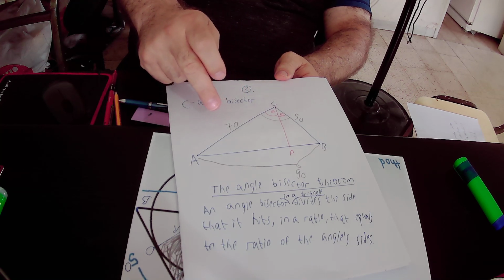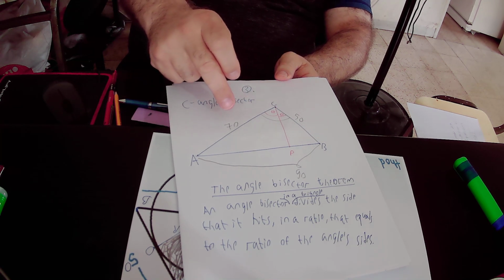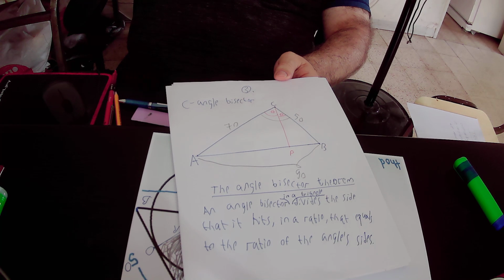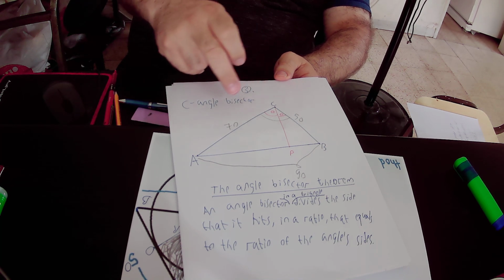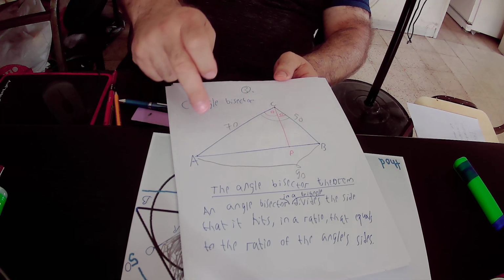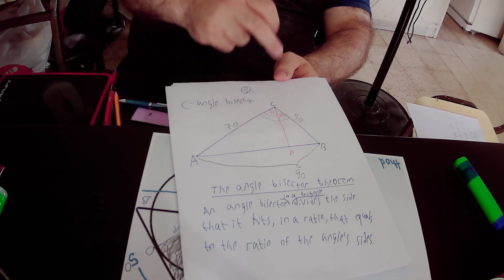That is to say, AC over CB equals the ratio that angle bisector CP divides side AB.